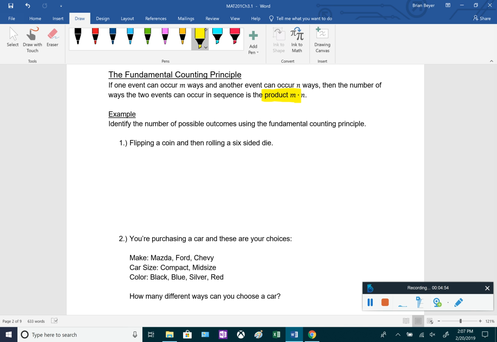So you multiply. There can be more than 2 events. There can be 3, 4, but either way, you just multiply the number of ways that they can occur individually, and that'll give you the total number of ways they can occur in a sequence.